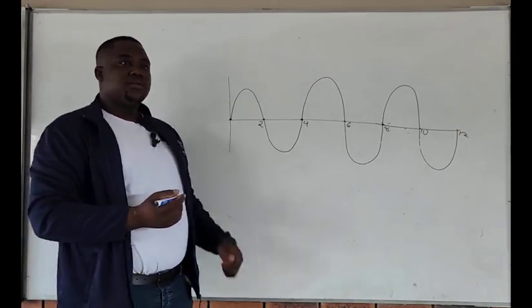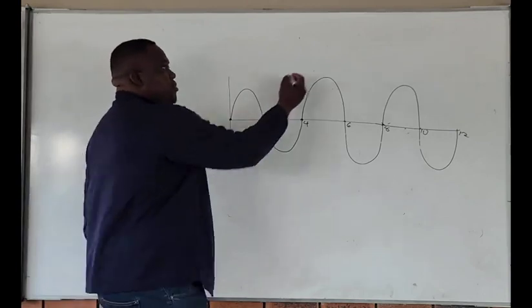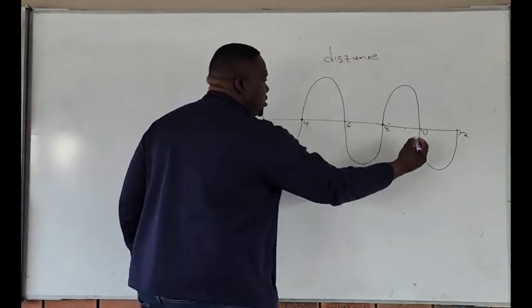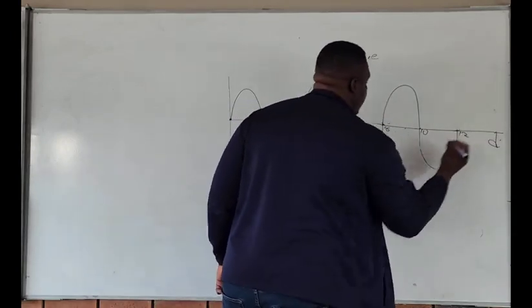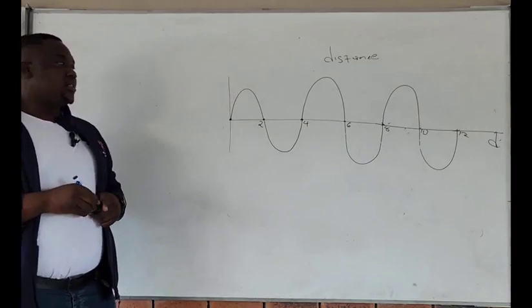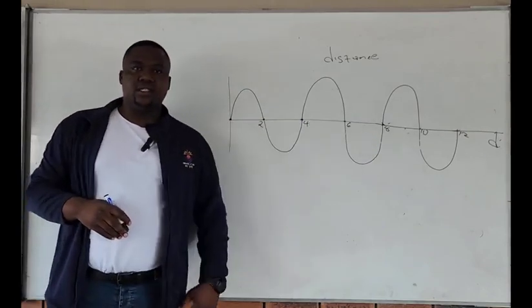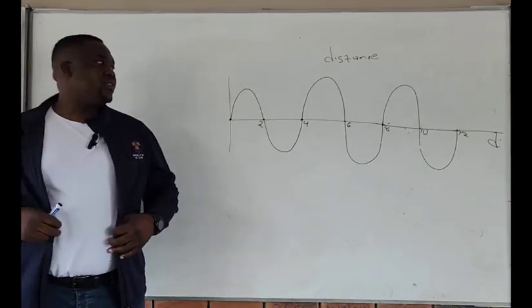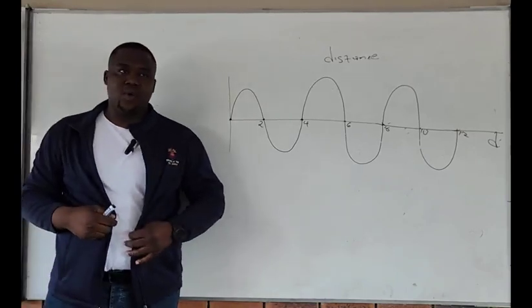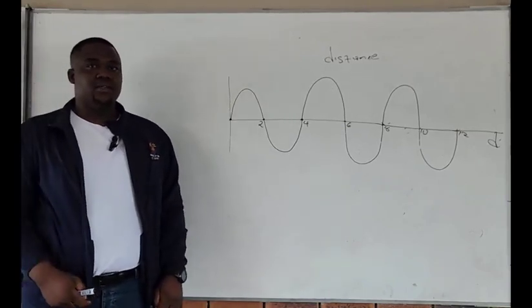This is the distance. Let me write it here, D. That is the distance, the unit. These numbers are distance. Then the question might ask, what is the wavelength? A question may ask, what is the wavelength?